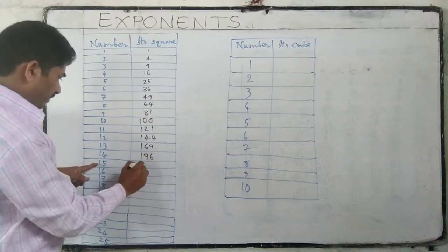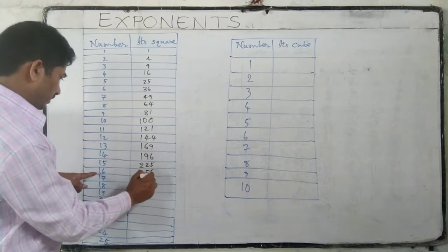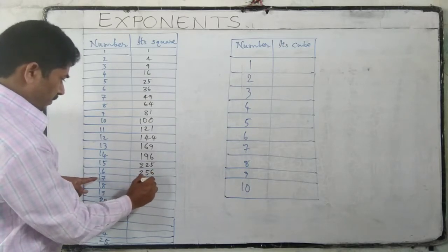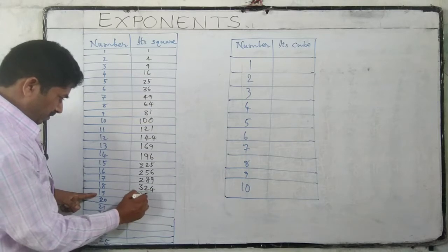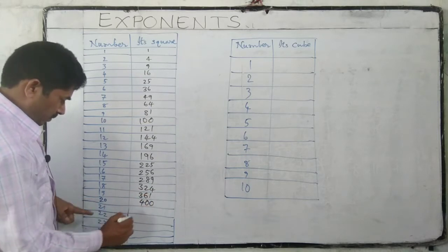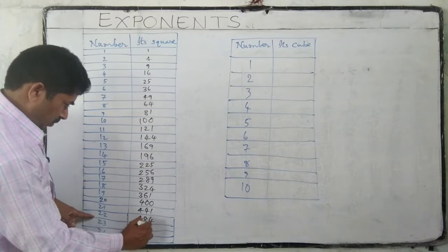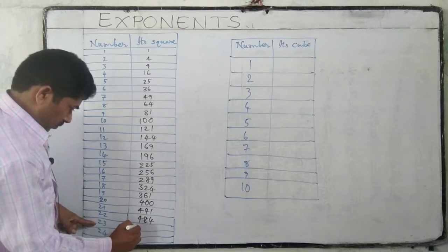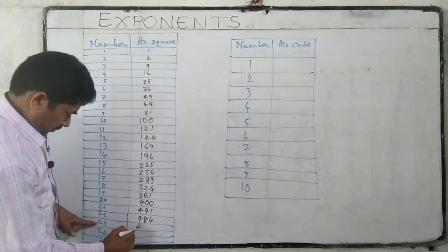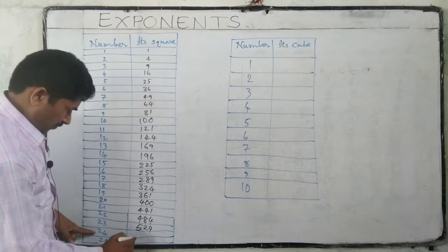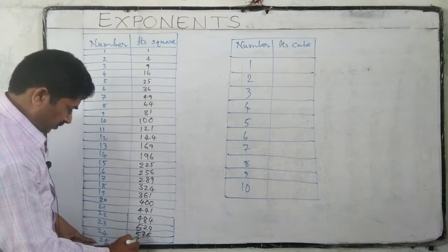196, 15 fifteens are 225, 16 sixteens are 256, 17 seventeens are 289, 18 eighteens are 324, 19 nineteens are 361, 20 twenties are 400, 21 twenty-ones are 441, 22 twenty-twos are 484, 23 twenty-threes are 529, 24 twenty-fours are 576, 25 twenty-fives are 625.